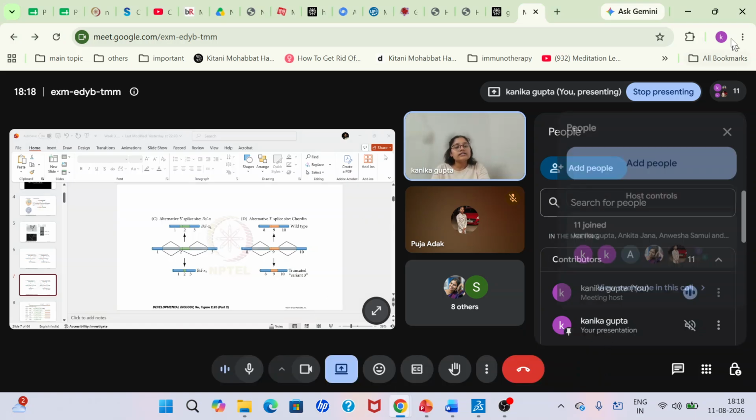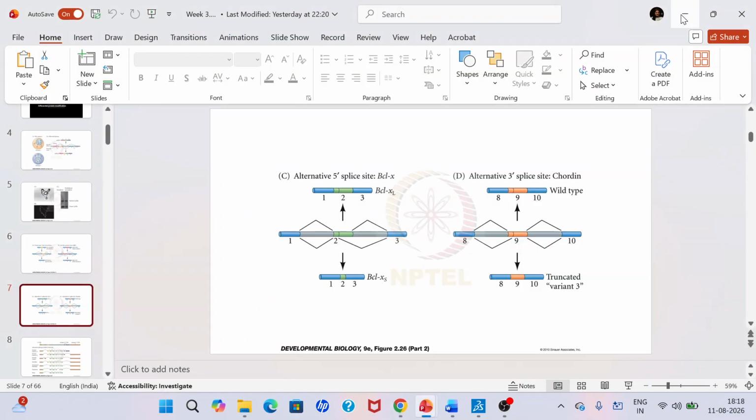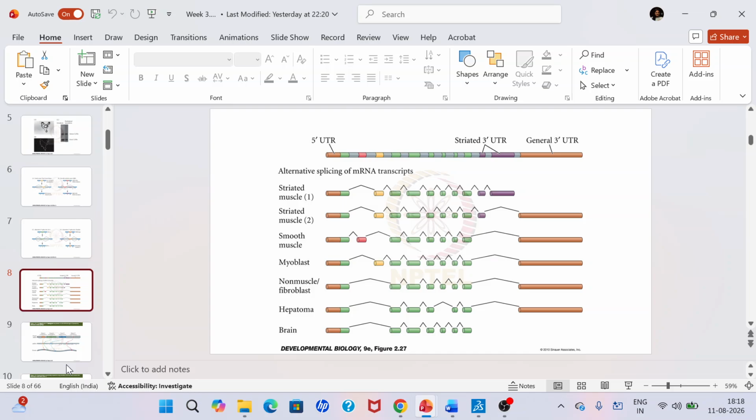So these differential RNA splicings are also related to different kinds of diseases that occur in some organisms. Okay, so this is an alternative splicing of an mRNA in different types of muscles and hepatoma or brain also.